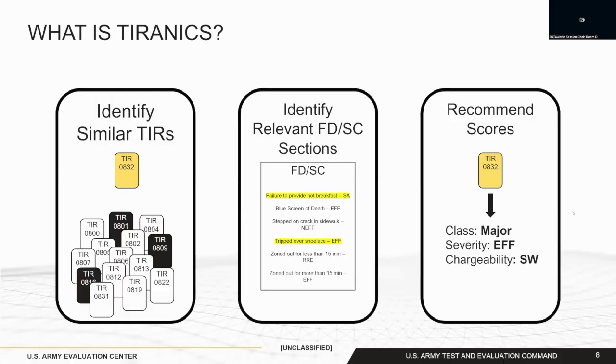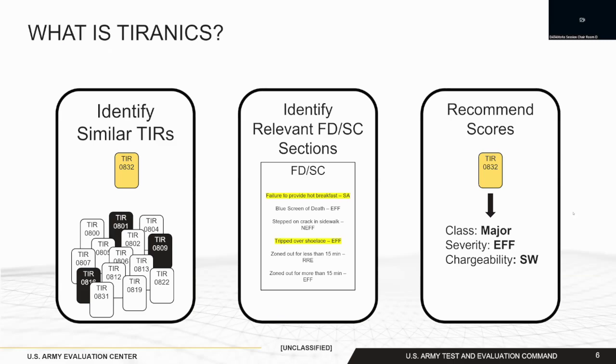And what we found is that it can be very time consuming for an evaluator to go through previous TIRs that maybe they've already scored, looking for that one TIR that they think is most similar to the one they're scoring right now, so that they can compare how they scored that one and see if the new one should be scored the same.